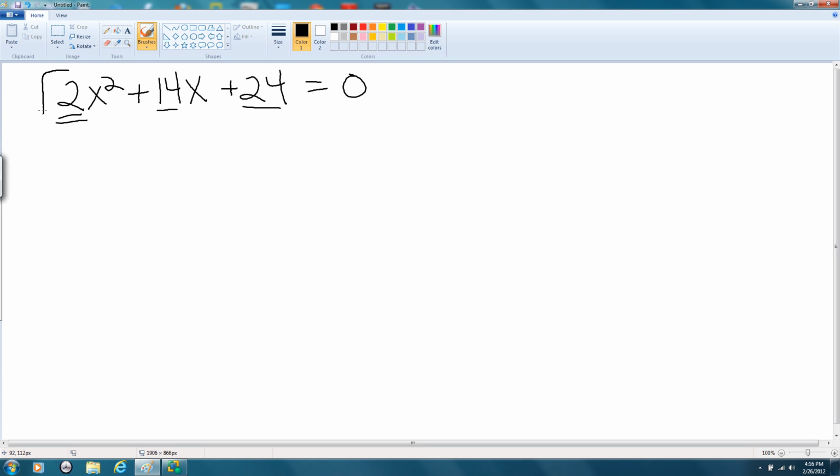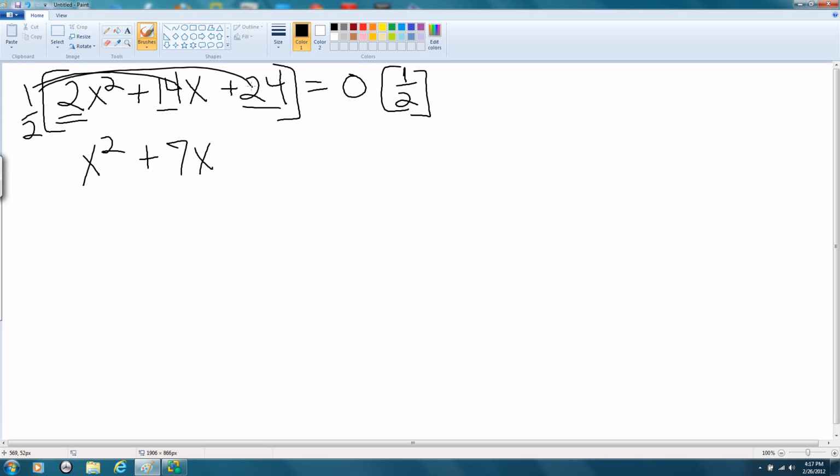So what I'm going to do is multiply both sides by 1/2. 1/2 times 2x squared is x squared. 1/2 times 14x is 7x. And 1/2 times 24 is 12.